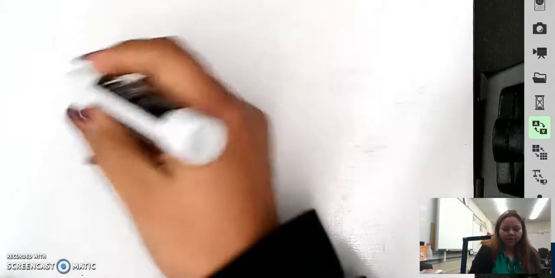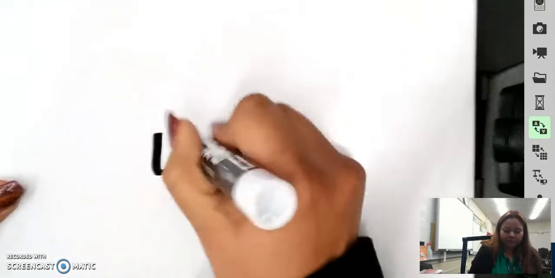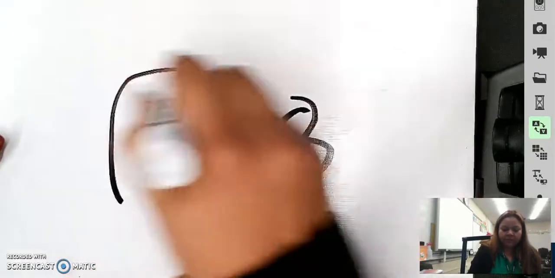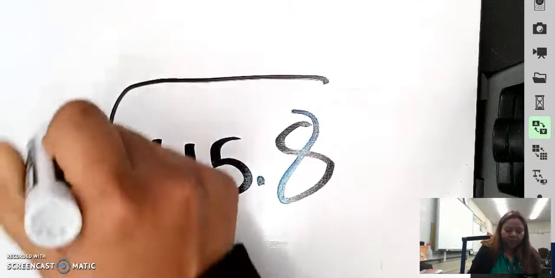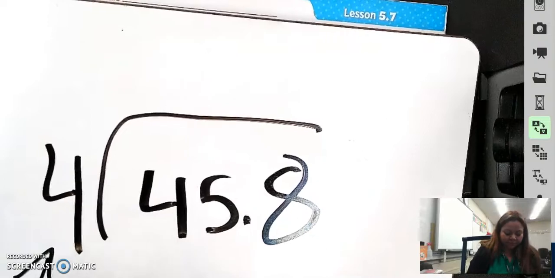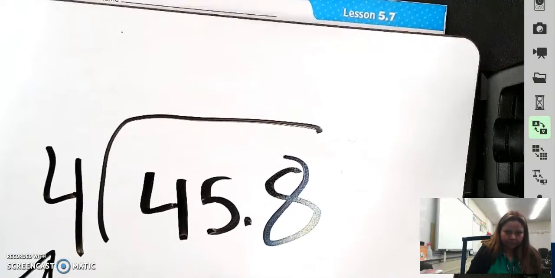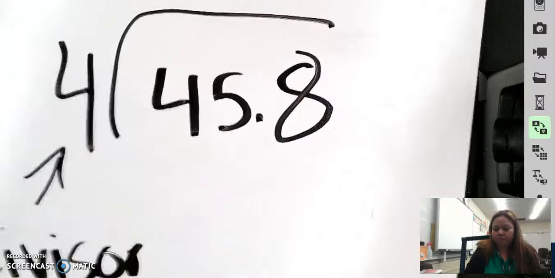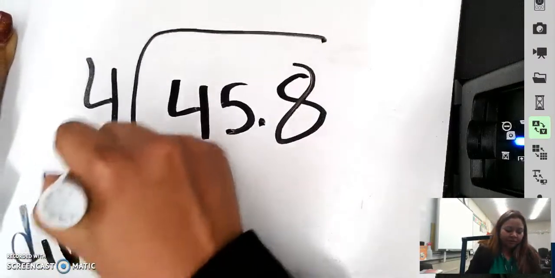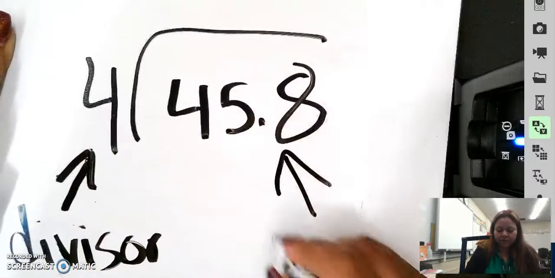If you look here on the board, the problem that we will be doing today is 45.8 divided by 4. Let me go smaller so you can see it. This is your divisor, and this is your dividend.